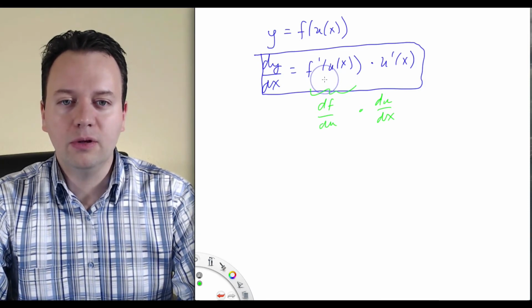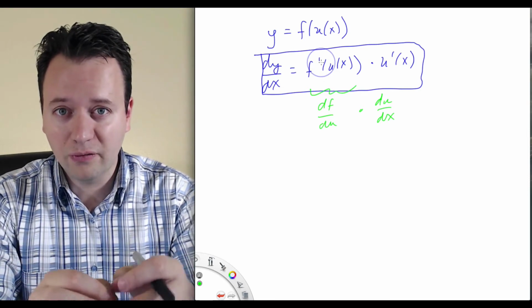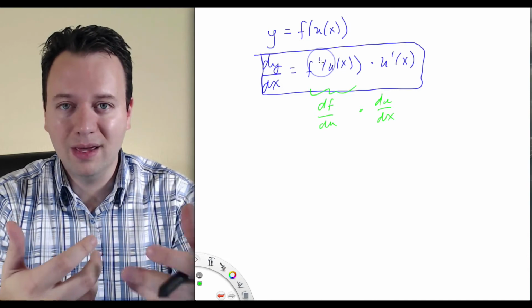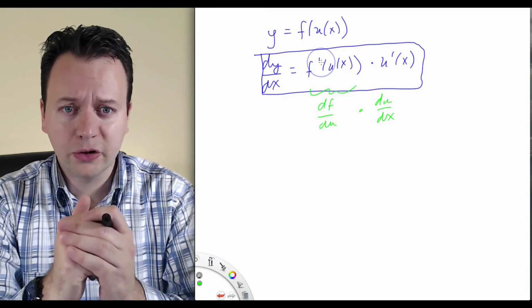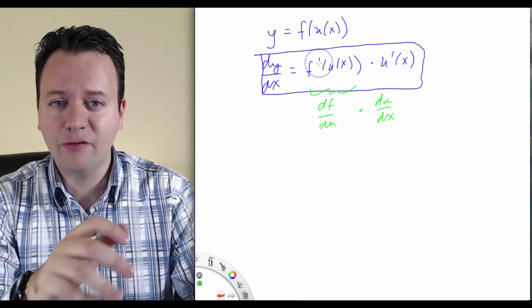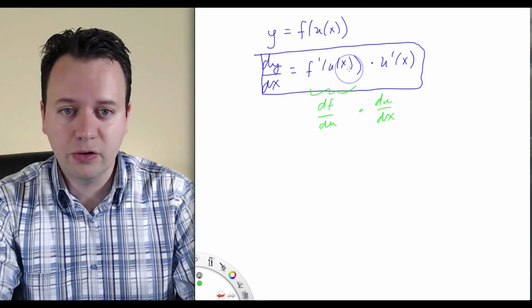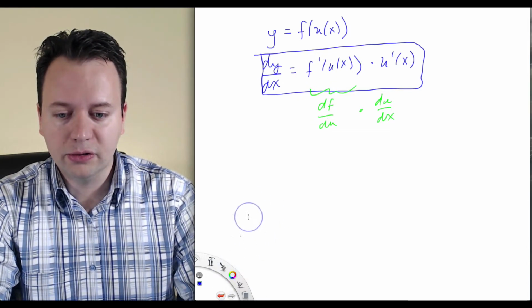One thing to note is that, based on where this prime is, it's really a derivative of the function f. So it's ignoring the fact that the input is itself a function of x. This derivative basically sees f as just a function of u, and it's taking df du. So let's go back to our example.